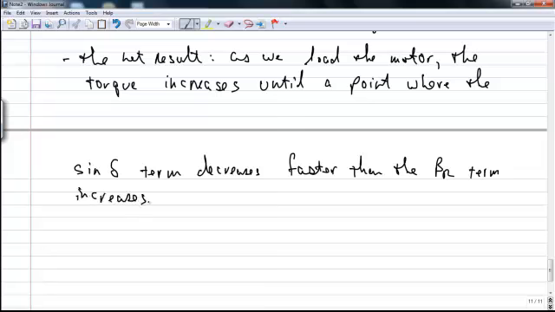At this point, the sine delta term begins to dominate the torque equation, and the torque comes down.